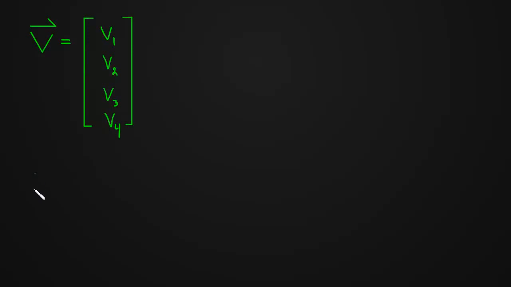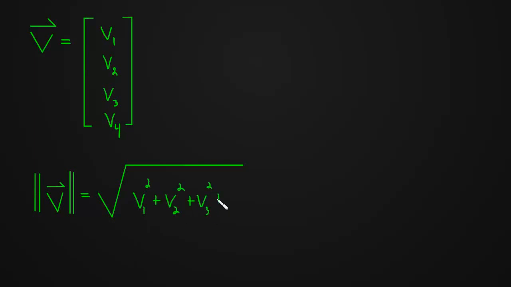The length of v, you might be able to guess what it's going to be: the square root of v1 squared plus v2 squared plus v3 squared plus v4 squared.